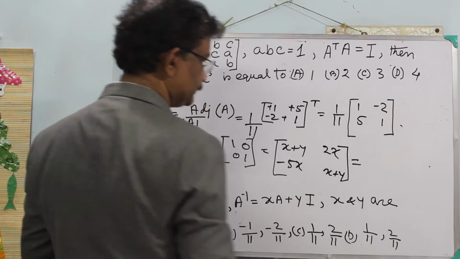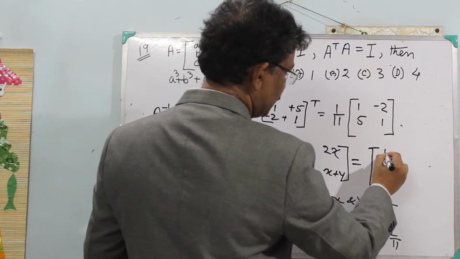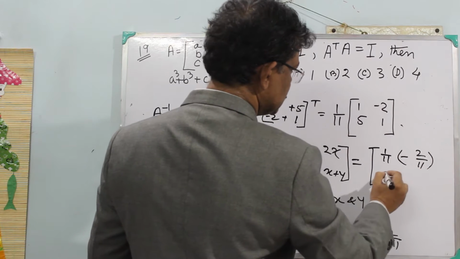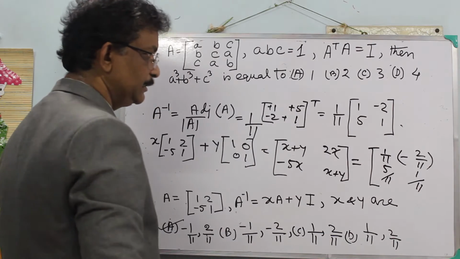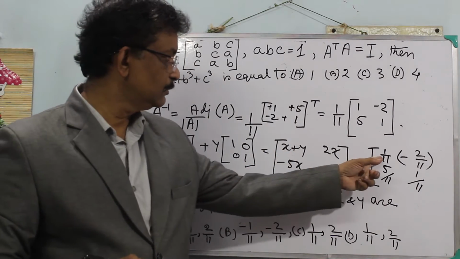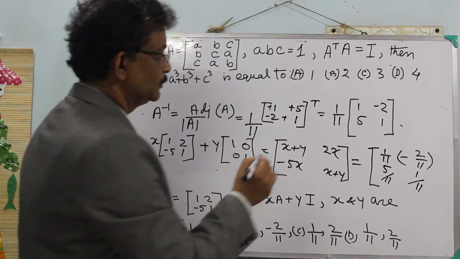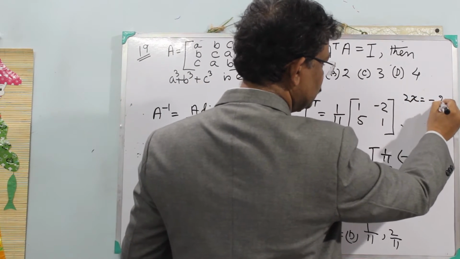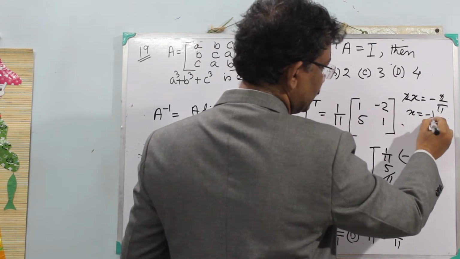This equals, I am multiplying 1 by 11: 1 by 11, minus 2 by 11, 5 by 11, 1 by 11. So you see X plus Y is equal to 1 by 11, and 2X is equal to minus 2 by 11. Therefore cancelling 2, X equals minus 1 by 11.